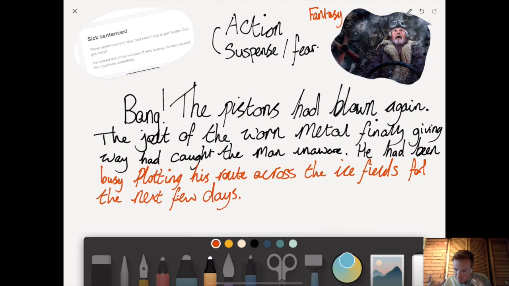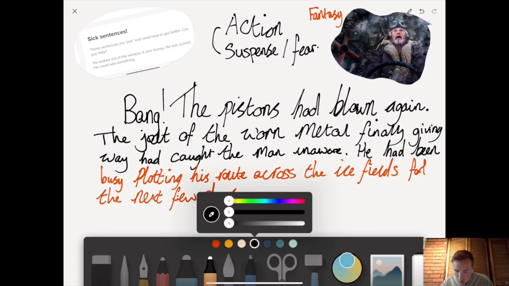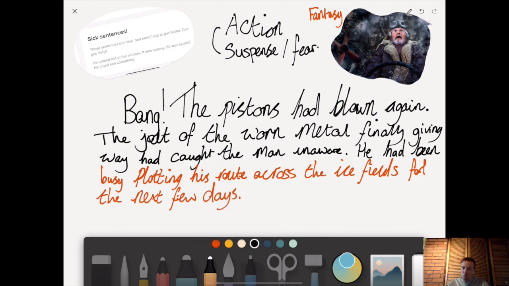I want the engine, the vehicle, to get out of control now. The pistons had blown again. The jolt of the worn metal finally giving way had caught the man unaware. He'd been busy plotting his route across the ice fields for the next few days. Suddenly, he was called to action.